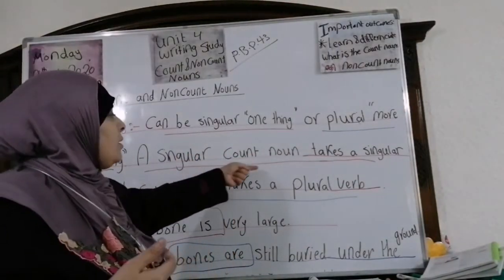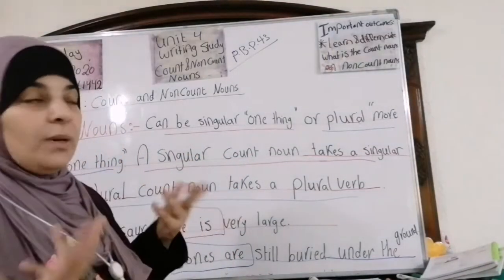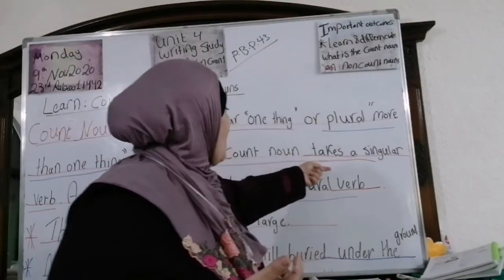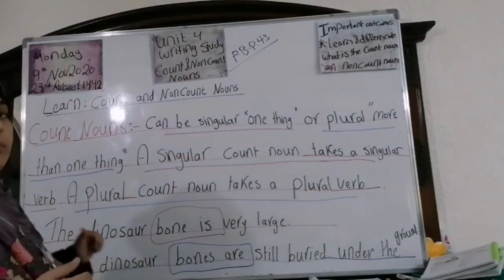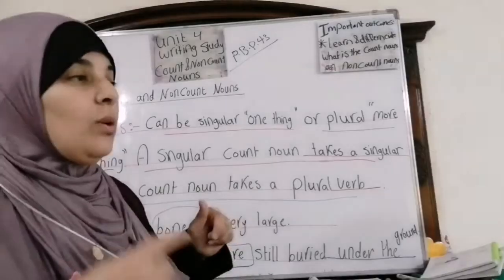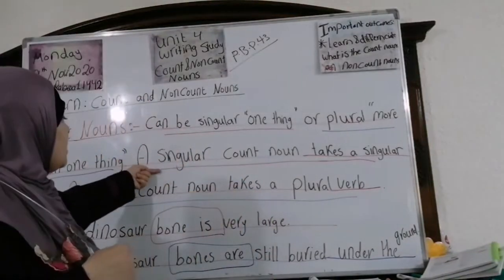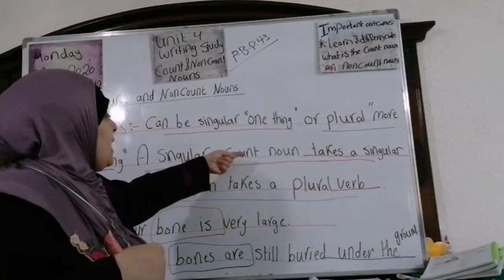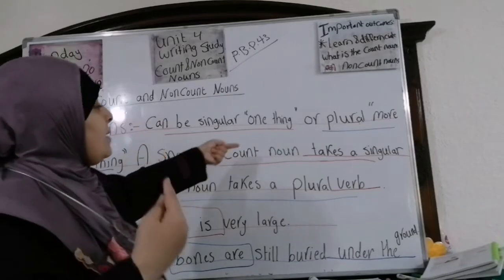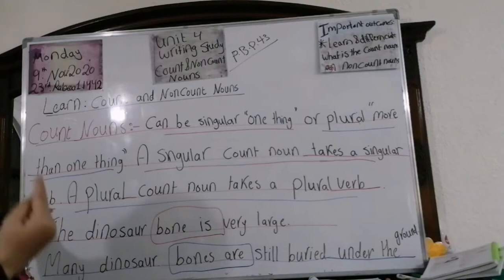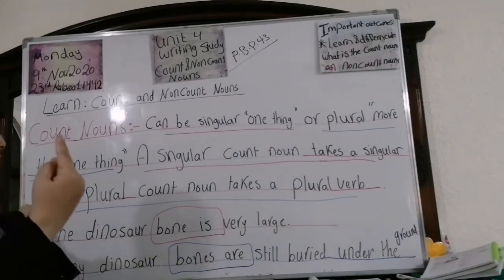What does it take? شو بياخد? Takes a singular verb. What do you mean by singular verb? يعني فعل مفرد. Again, a singular count noun, الاسم المعدود المفرد, takes a singular verb. شو بياخد؟ Singular verb اللي هو الفعل المفرد.